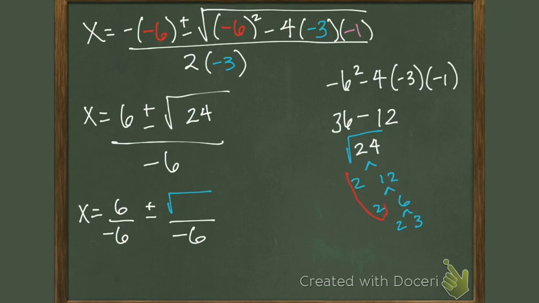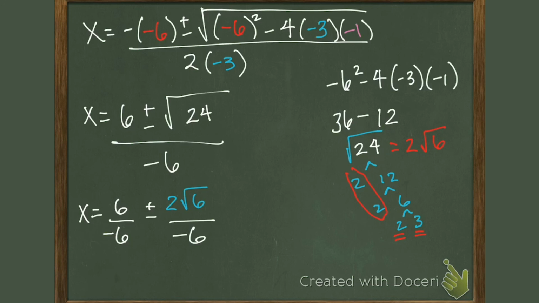Here's 2 2s. So a 2 comes out, and who's left over? 2 times 3, which is 6. So I'm going to have this 2 square root of 6. When I am doing this, I would turn the 6 over negative 6 into a negative 1, and 2 over 6 is 1 over 3.